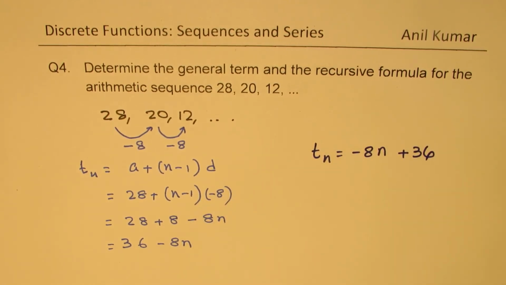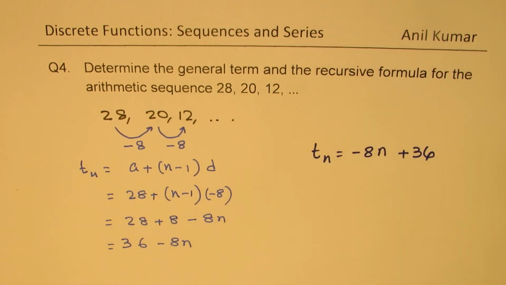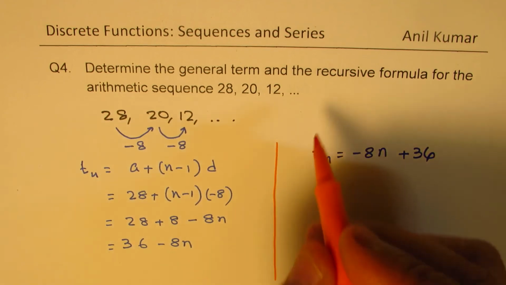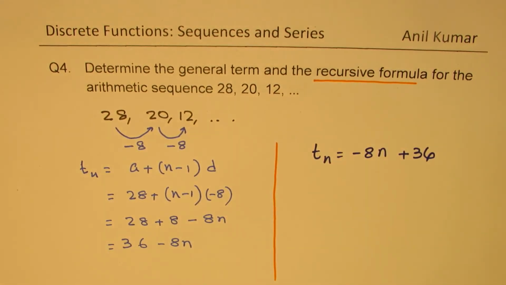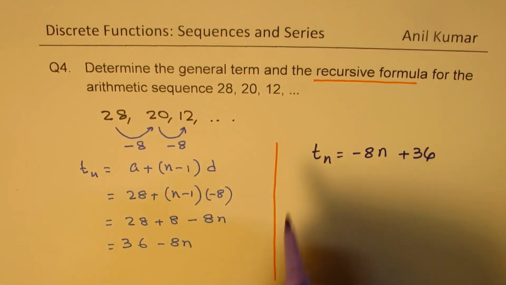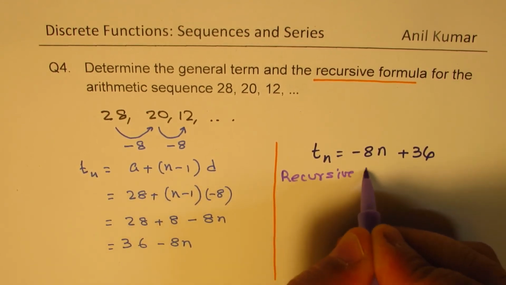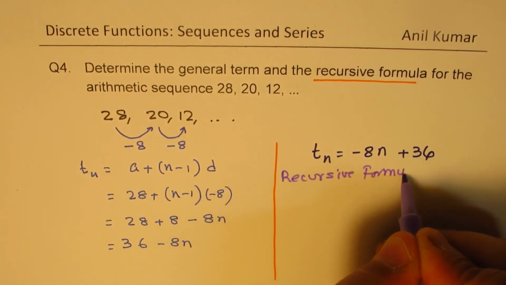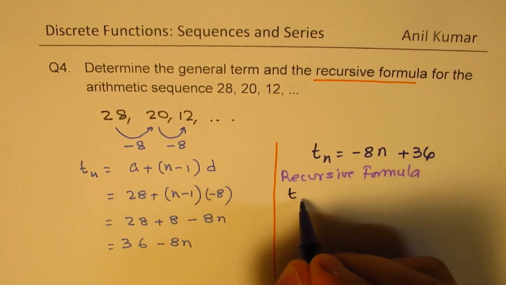Is that clear? So determine the general formula and the recursive formula. Now what is the recursive formula? The recursive formula you get based on the previous number. Let's write it down here. For any sequence, you should mention starting with what at least.